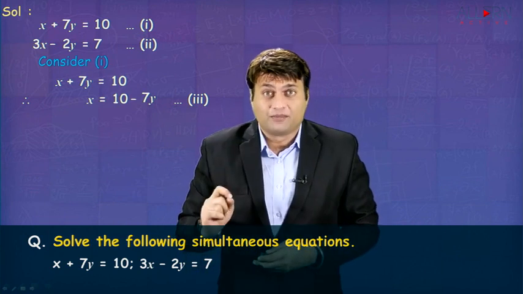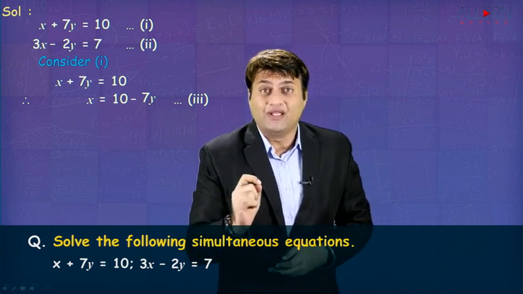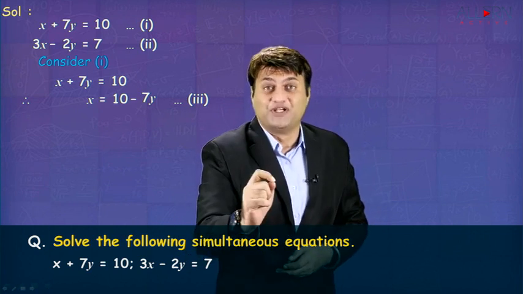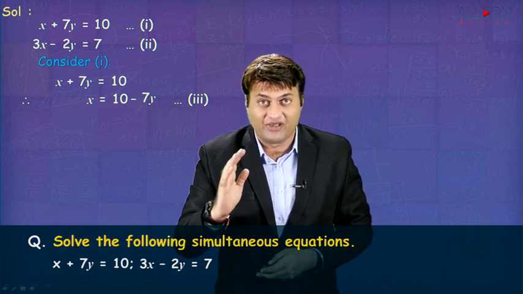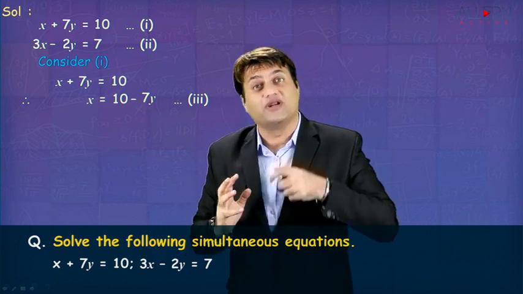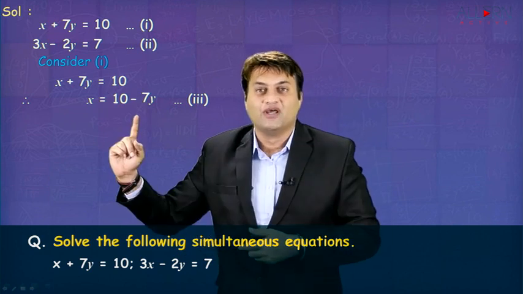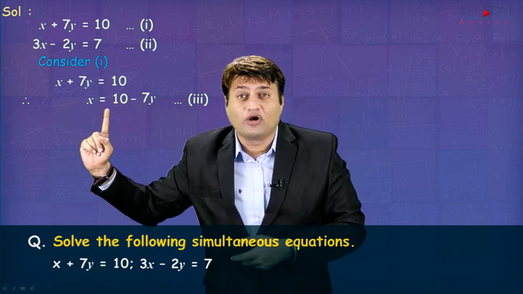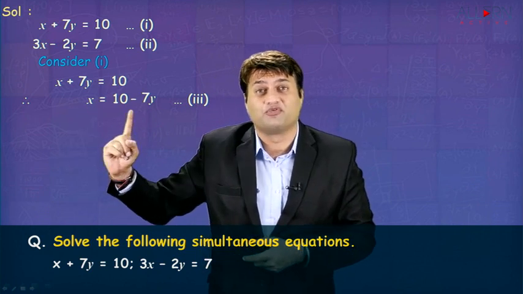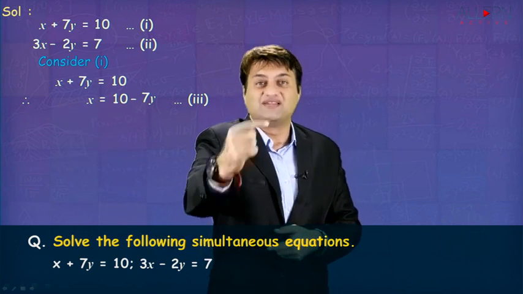Now the name of the method is elimination by substitution. So in this, to eliminate a variable, we need to substitute its value. Here, if you observe equation number 3, we have got the value of x in terms of y. x is equal to 10 minus 7y.